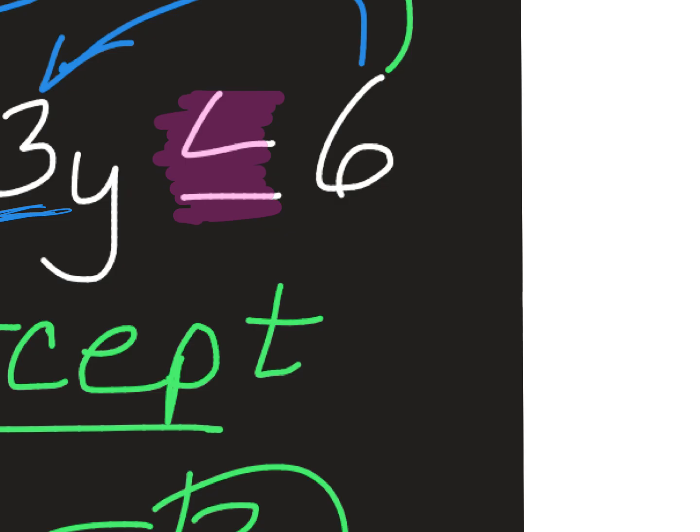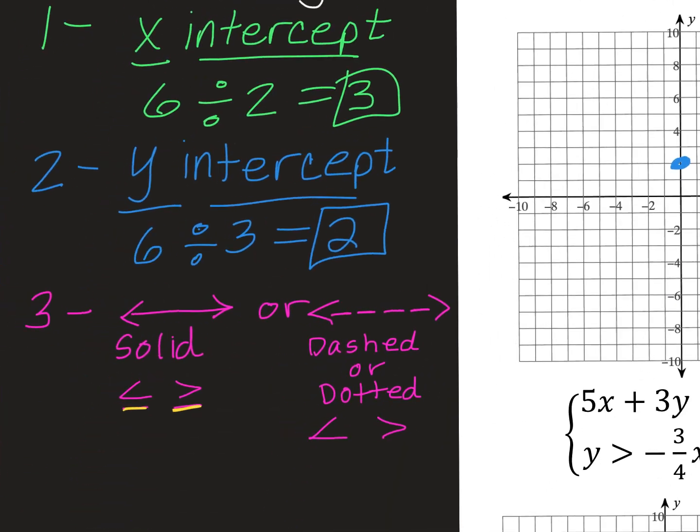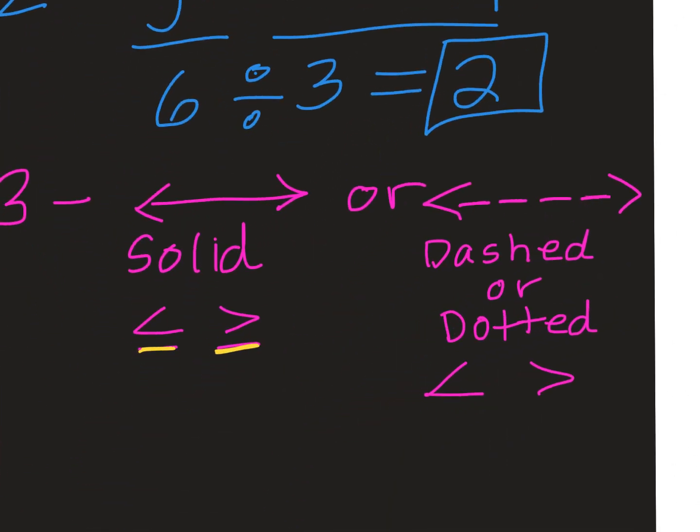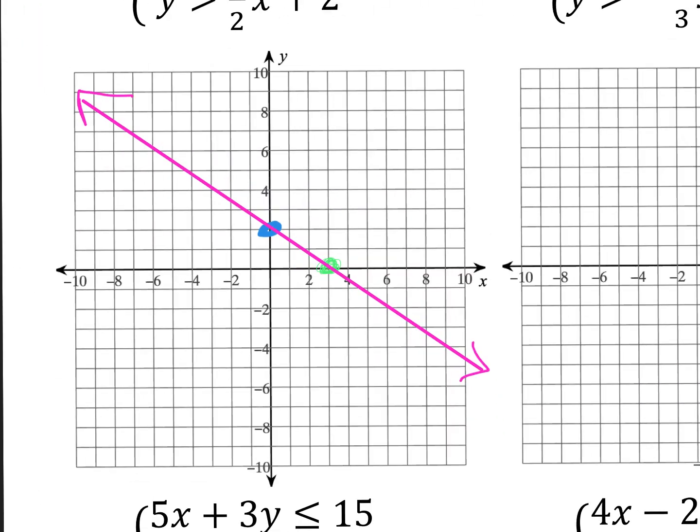That equal to is right here underneath the inequality. So we are going to use a solid line to connect these coordinates. So I drew that solid line all the way across the graph through those two coordinates.